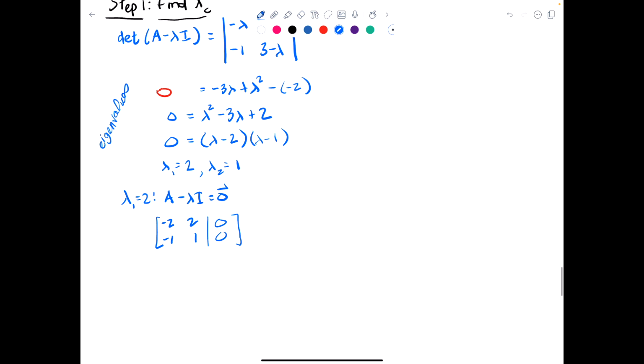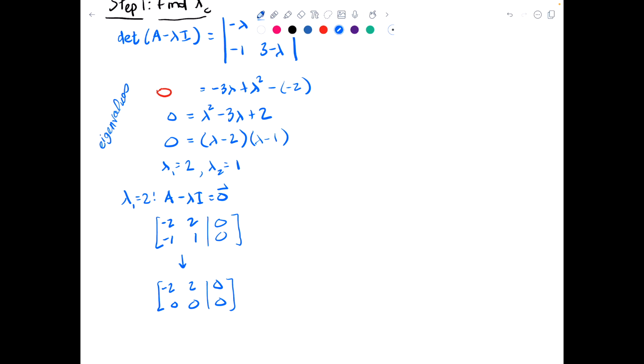If you multiply the first equation by negative 1/2 and then you add, you'll zero out that bottom line. So you'll have negative 2, 2, and 0, and then 0, 0, 0.